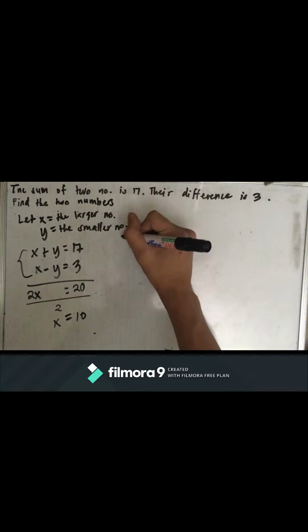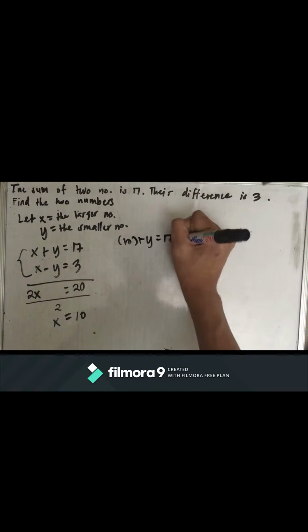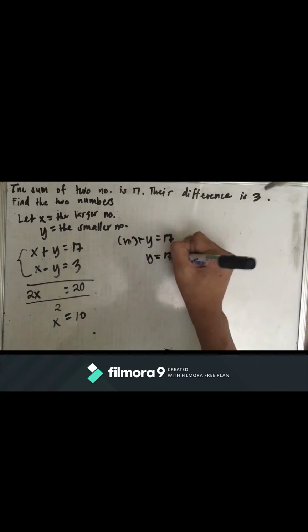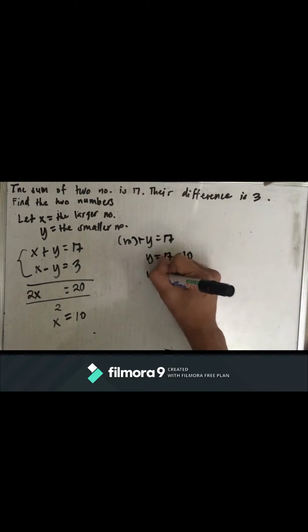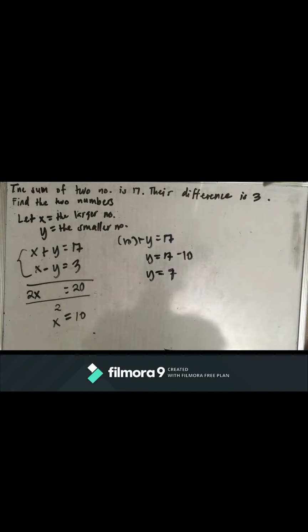So we'll use substitution. So x is 10. 17 minus 10 equals 7. So now we got the answer for our y variable. Now we got the values of the two variables.